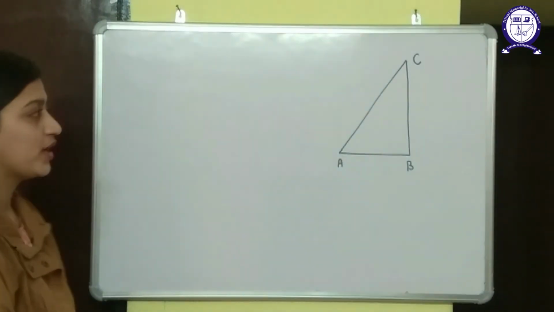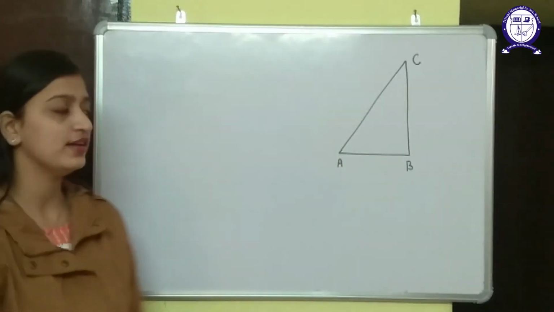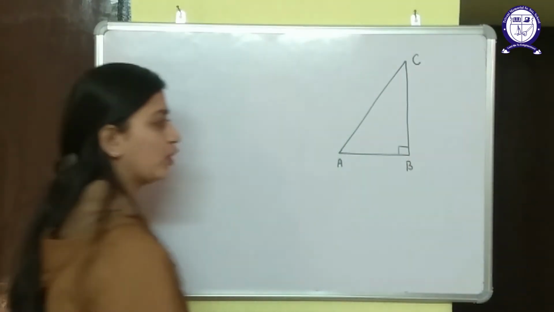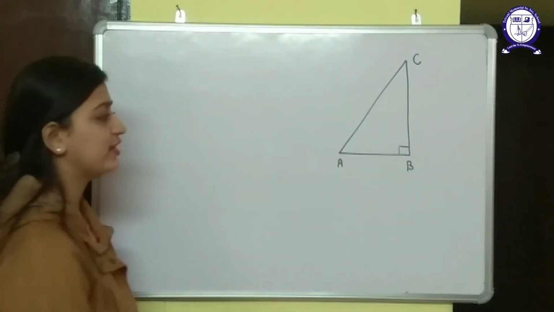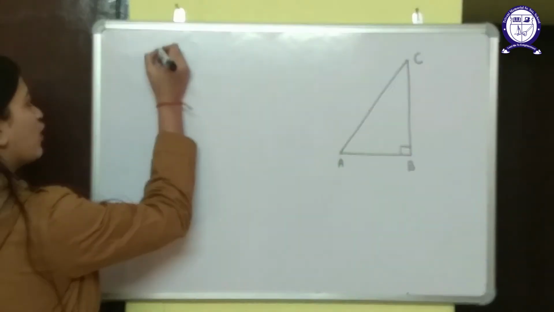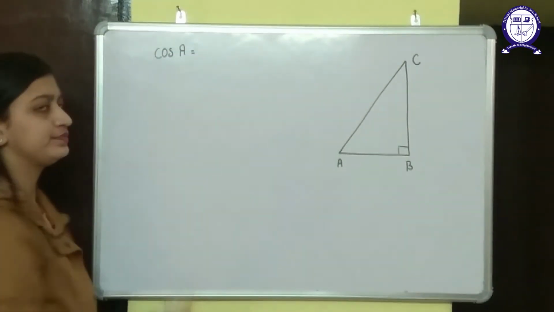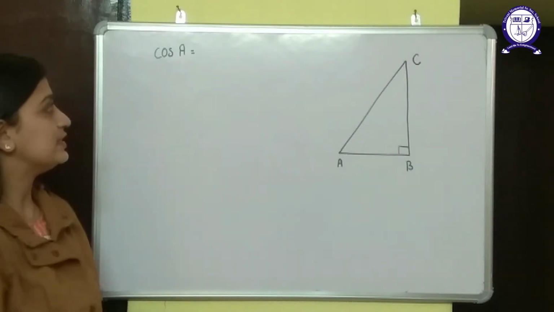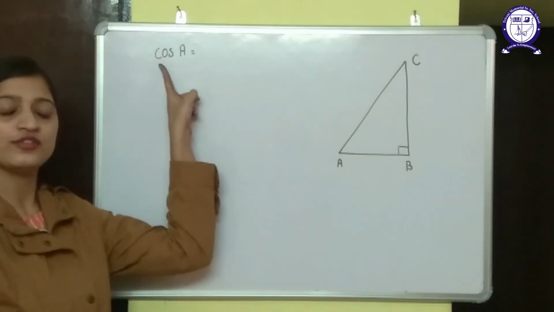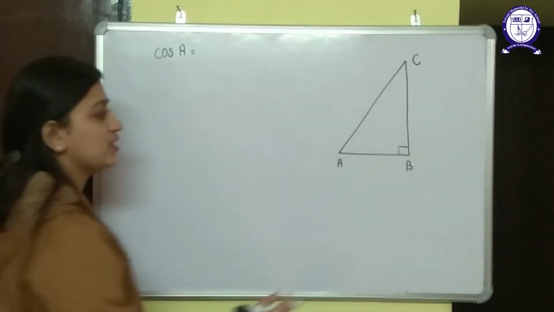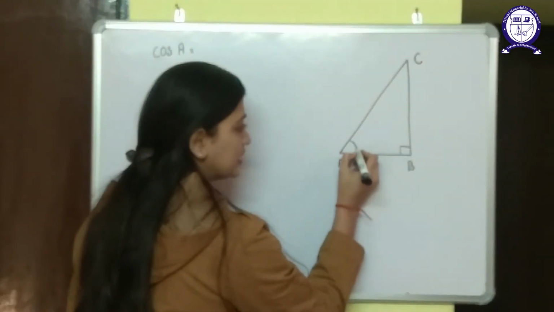Suppose there is a right angle triangle, right angled at B, and it is given to find the value of cos A. It means that we need to find the value of the cos of angle A. That means it's talking about this angle.